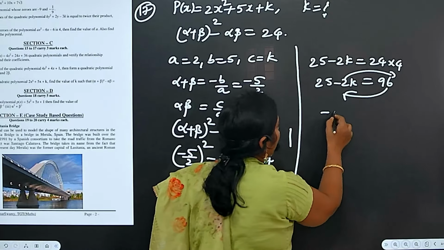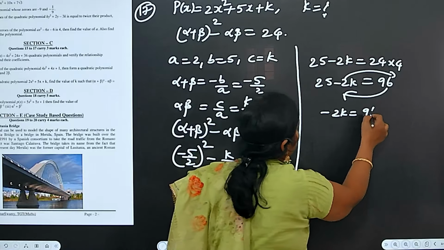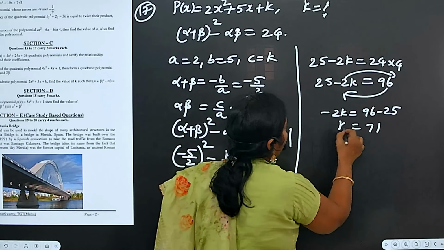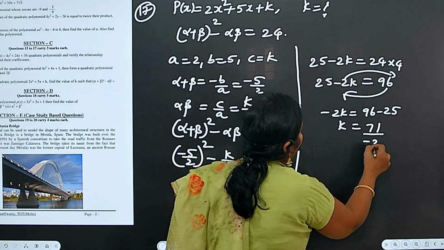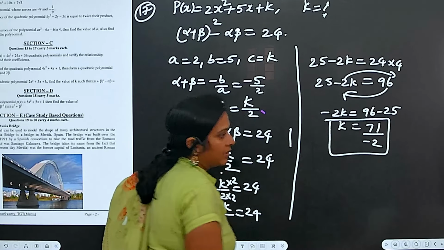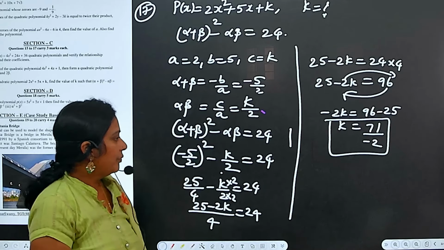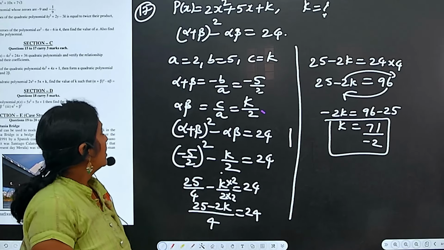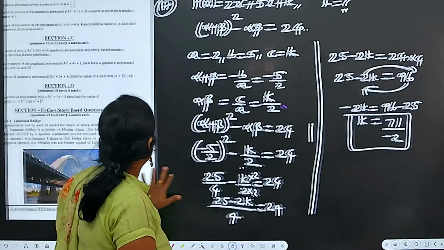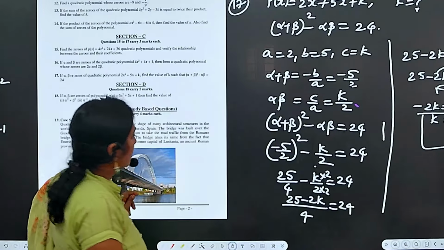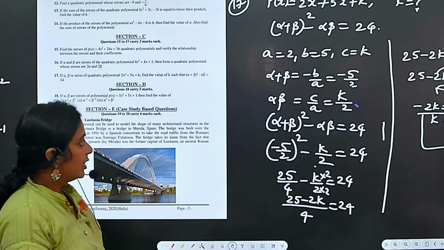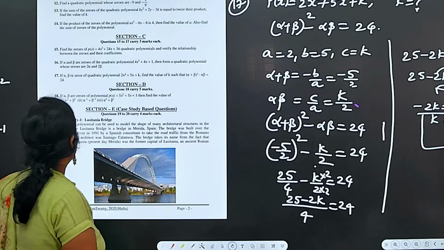Interchange, or minus 2k equal to 96 minus 25. It's a 71. K equal to 71 by minus 2. This is the answer. Okay. Next question. Section C is over. That is also the same, minus 71 by 2.